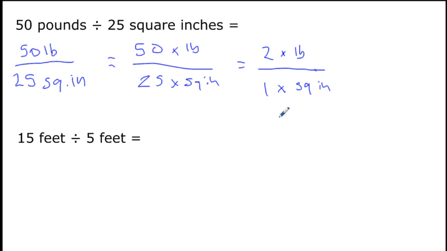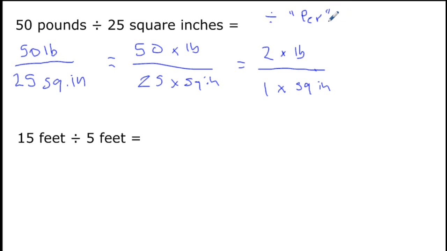And then, so what does this mean? So this is 2 pounds over 1 square inch. I don't really need to write this 1. This is just 2 pounds over square inch. So remember, division, you can always pronounce division as the word per.